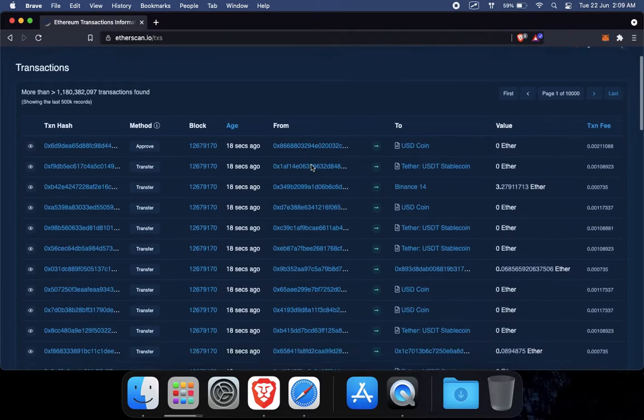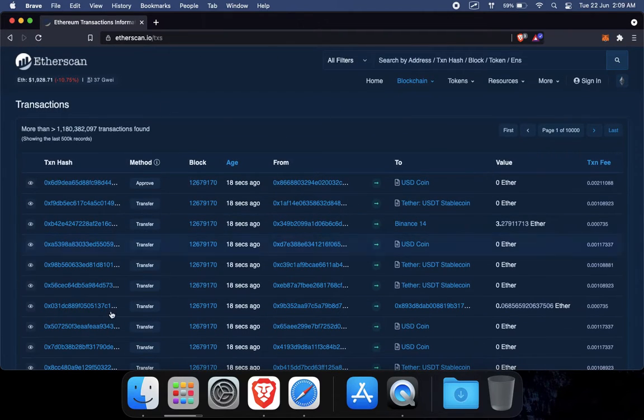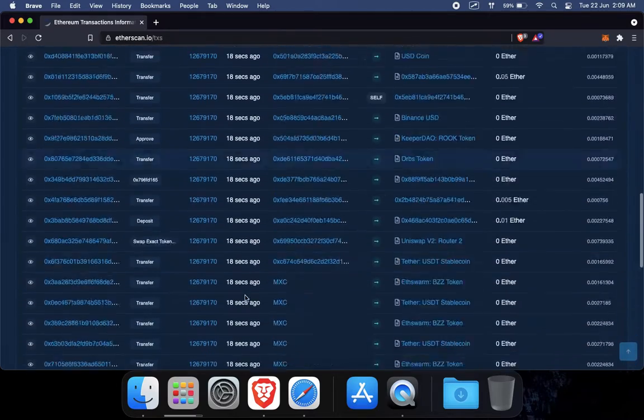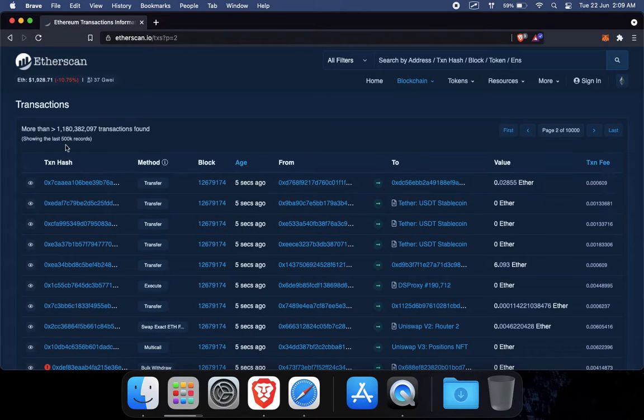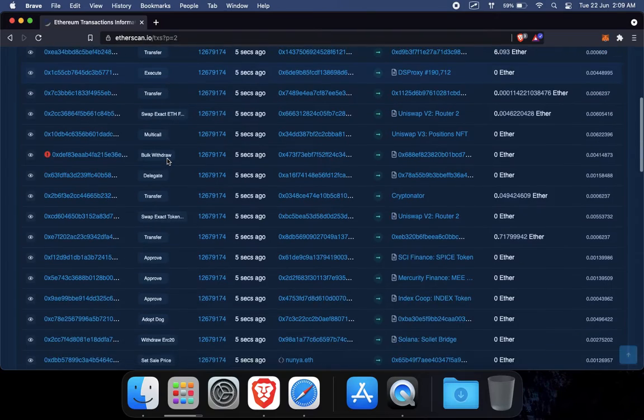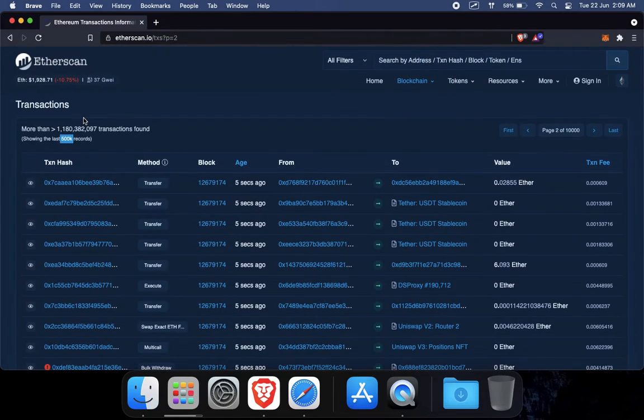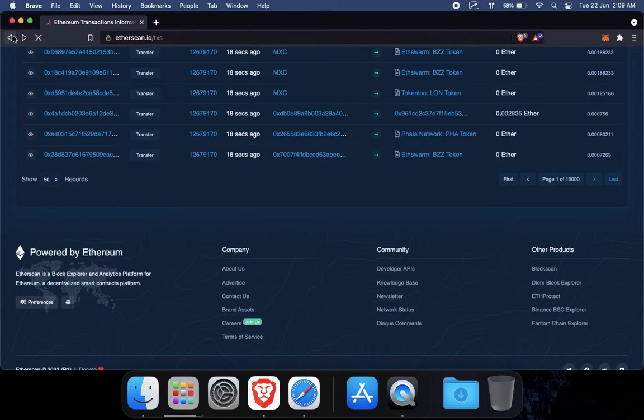So you can look at all the transactions which are happening right now, as we speak, 18 seconds ago. The pages go back, and it shows you the last 500,000 records. That's just a lot, right? Every second, as we're talking, thousands and thousands of transactions.